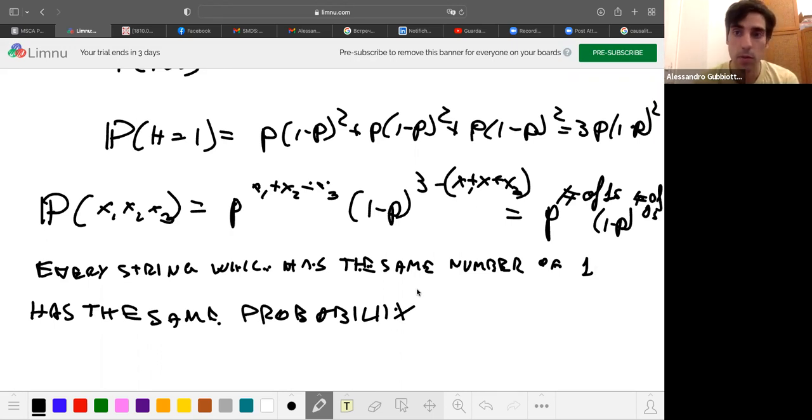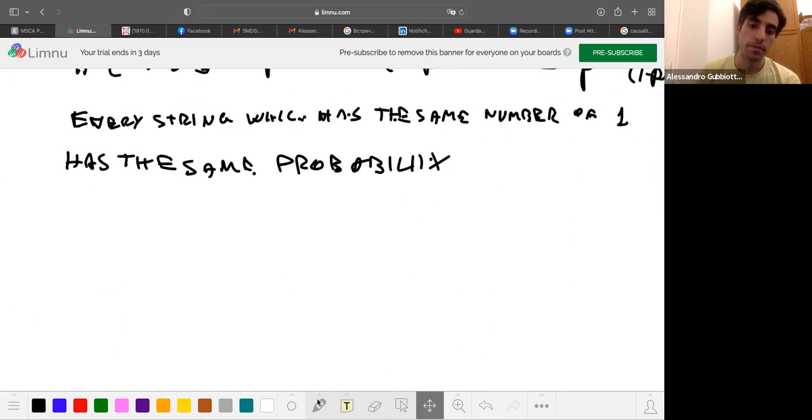If we have time, we will introduce the binomial distribution, which will be exactly the number of heads in n Bernoulli trials. And we use this fact that the probability of an elementary event depends only on the number of ones. We can do this in general.